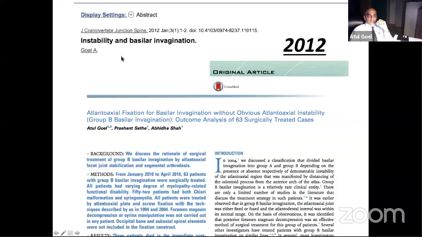Instability is always associated with basilar invagination. This we mentioned in the year 2012. And whether there is obvious atlantoaxial instability or not, atlantoaxial stabilization is the treatment.